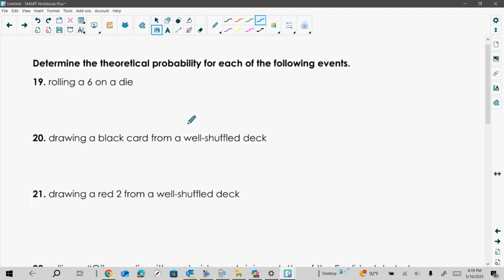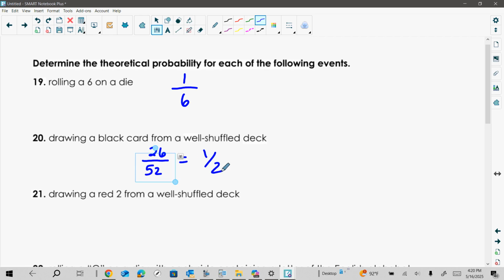These are all theoretical because we're going to take the number of ways the event can occur out of the total outcomes. Rolling a 6 on the die: there's only one 6 on the 6-sided die. Drawing a black card out of a well-shuffled deck: there are 26 black cards out of a total of 52 cards, 26 red, 26 black. So this is half.